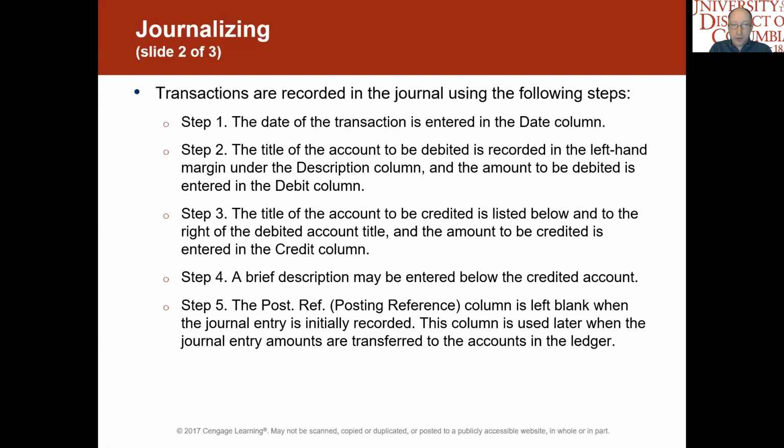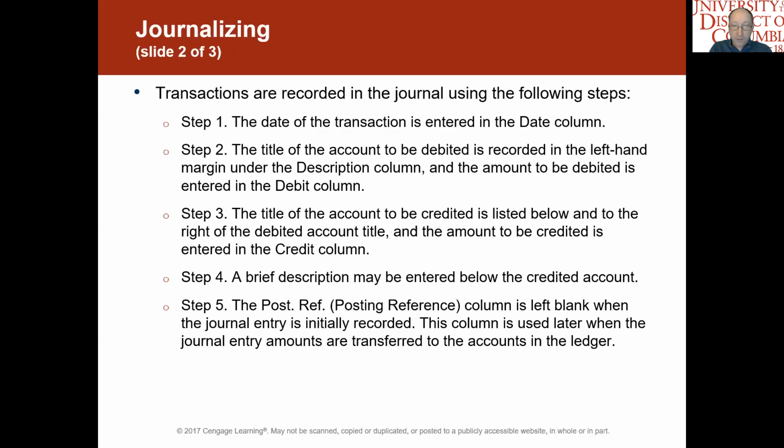Step 3, I'll enter the credit account. That's typically right under the debit account, in the next row down. It's usually a little bit to the right. And I'll enter the amount to the right of it, and just below the debit amount.